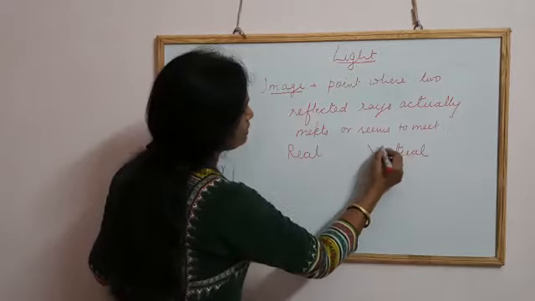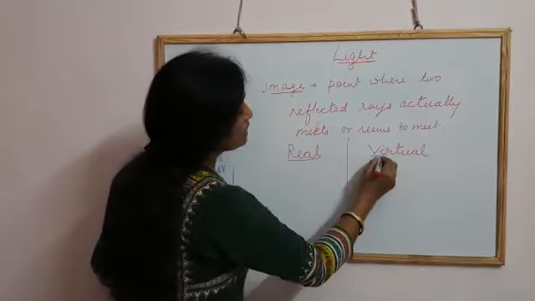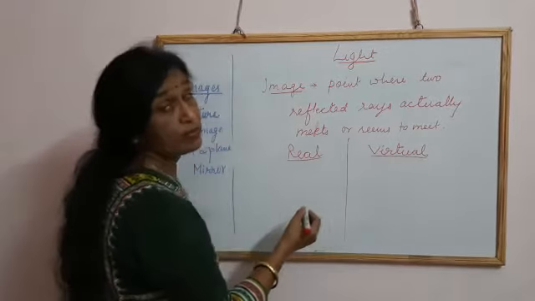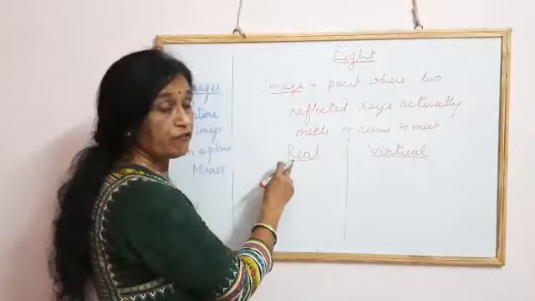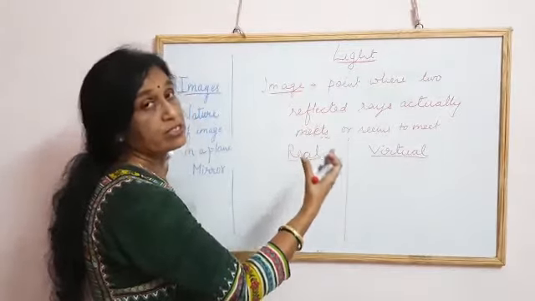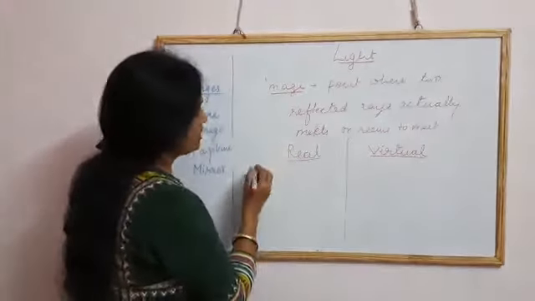Now what do you mean by a real image, and when we say that an image is real, and when we say that it is a virtual one. An image is said to be real if we are really obtaining it on a screen. So an image that can be obtained on a screen is a real image, okay?